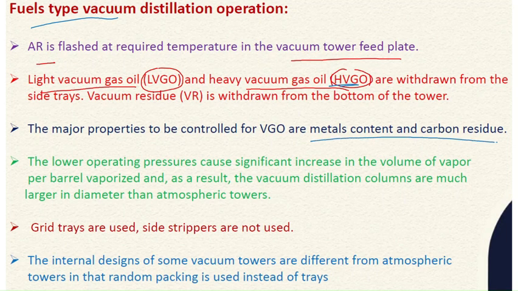These are the two properties which we need to control: the metal content and carbon residue. Okay, the lower operating pressures cause a significant increase. As we know, the vacuum distillation column operates at lower pressure compared to the atmospheric distillation column, so it causes a significant increase in the volume of the vapor.